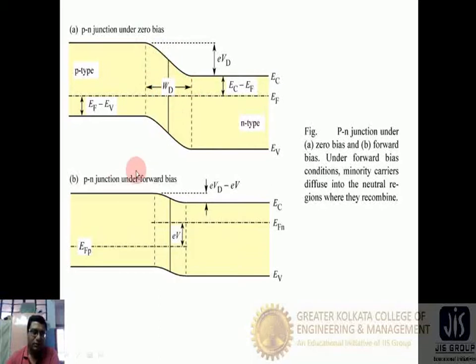We can see that when forward bias is applied, this depletion region vanishes, and the band bending is very little, so the electron flow can happen very easily. So there is almost zero resistance to the flow of electrons from the N section to the P section.